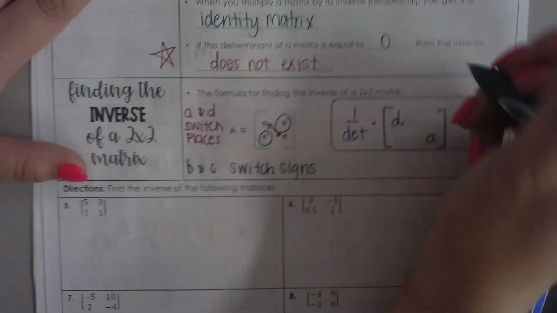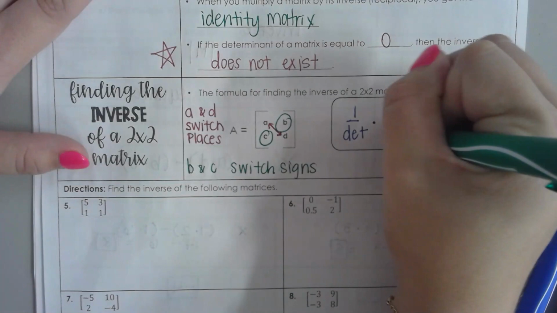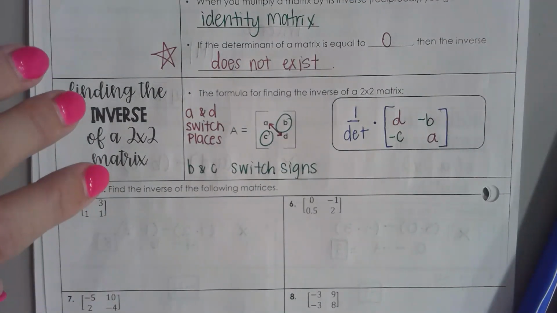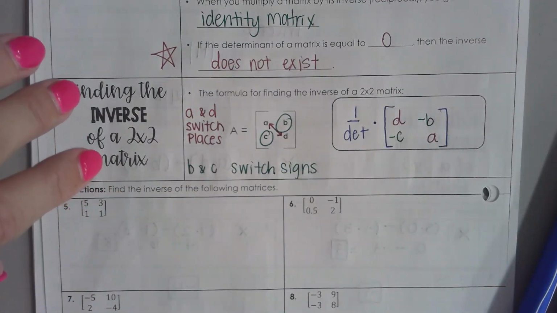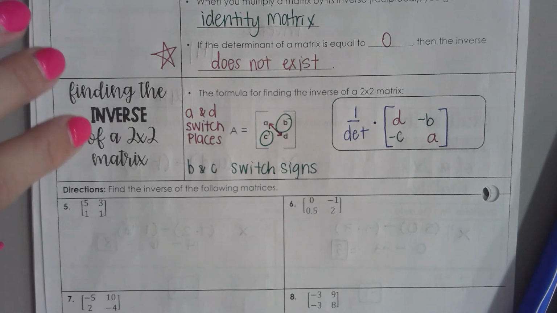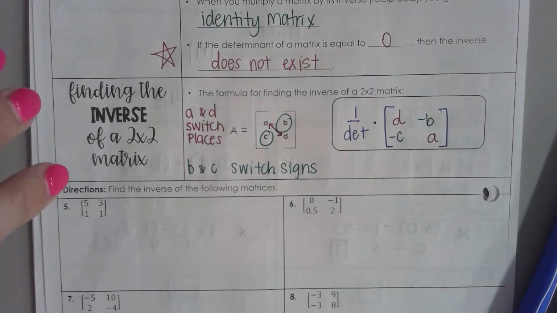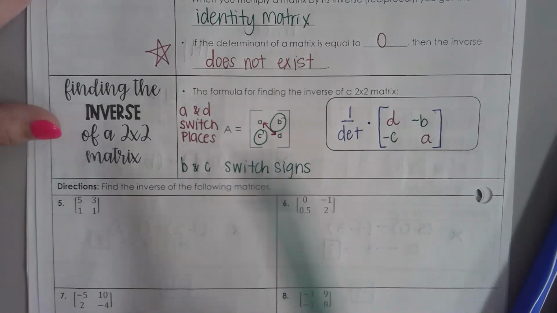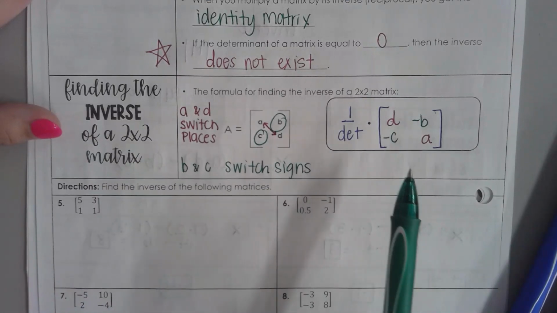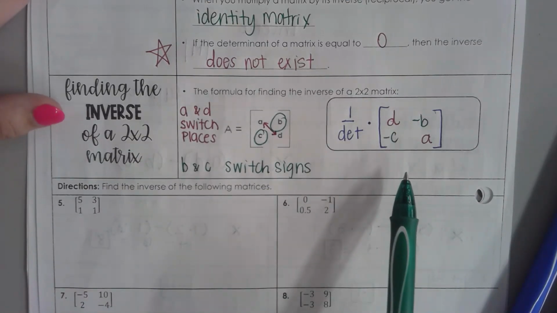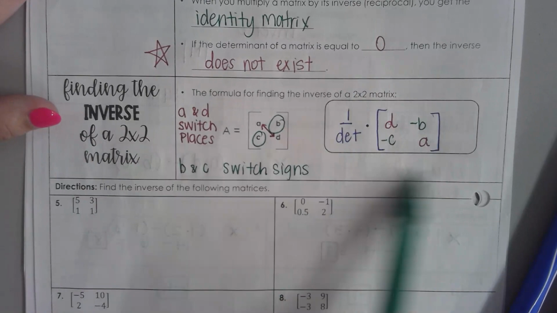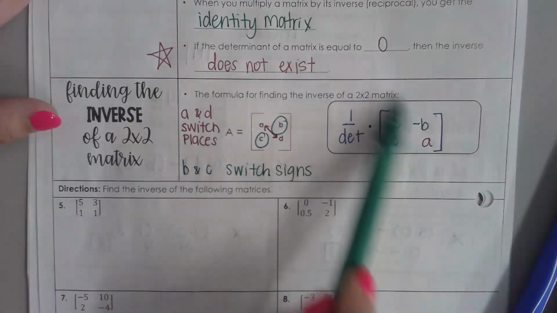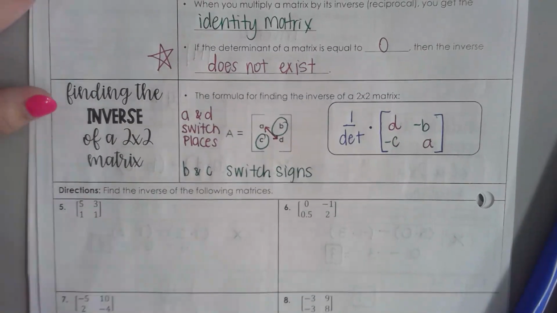So B becomes negative B and C becomes negative C. If it's positive, it becomes negative. If it's negative, it ends up becoming positive. And then when you multiply the number in, you get your inverse.